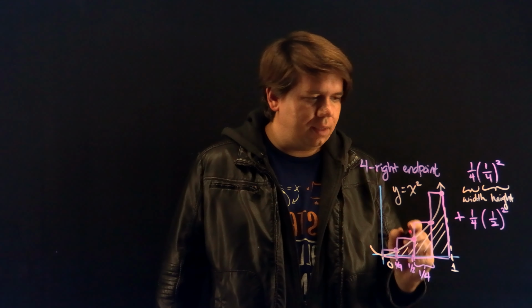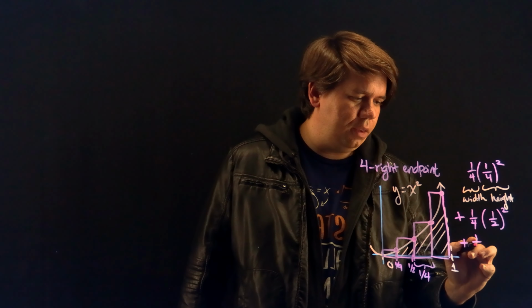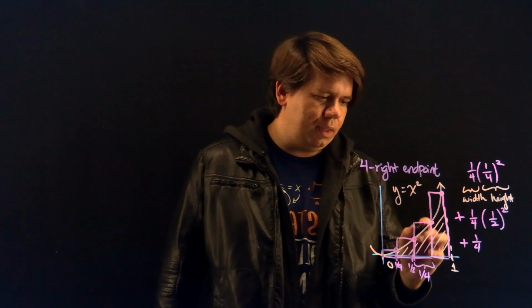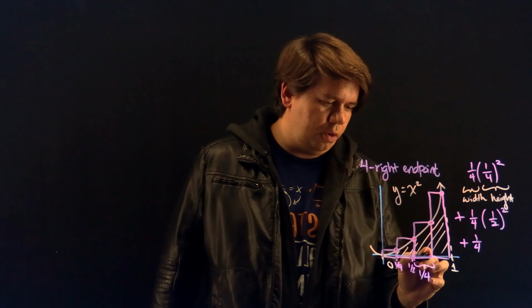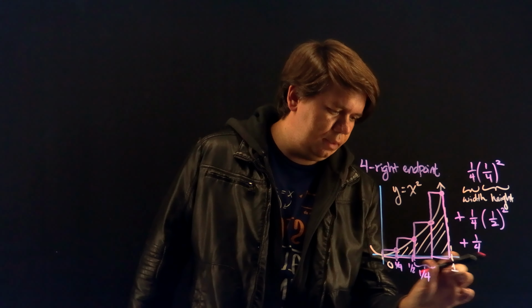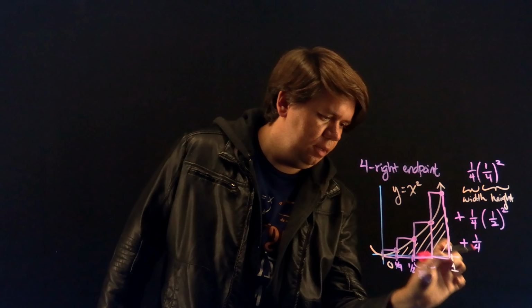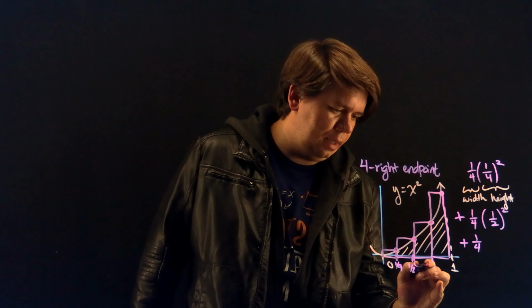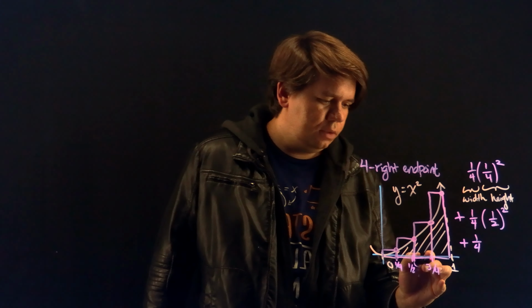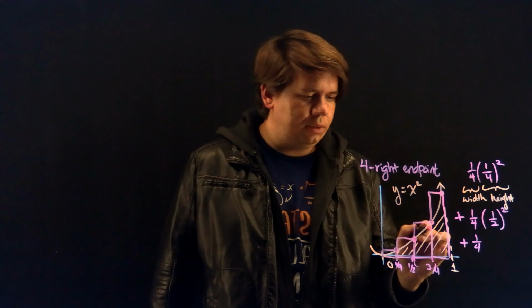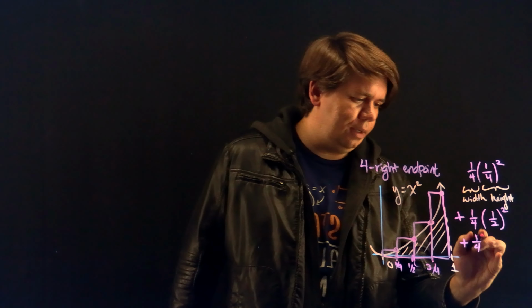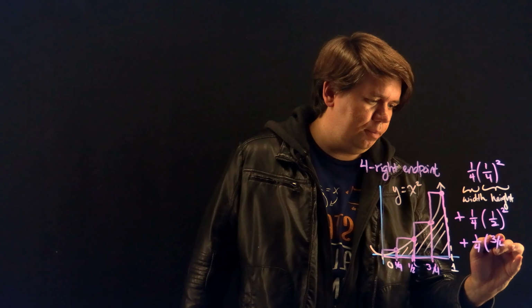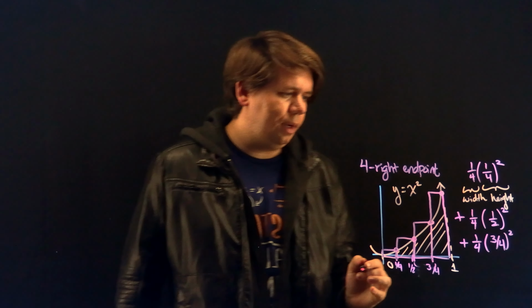How about the third rectangle? The third rectangle is also width 1/4, but the height of this third rectangle is, if I go over another 1/4, I'm now at, let's get rid of him, that's just a distraction now. I was at 1/2, I go over, and now I'm at 3/4. So its height would be, y is x squared, so it's 3/4 squared. 1/2 plus 3/4 squared.